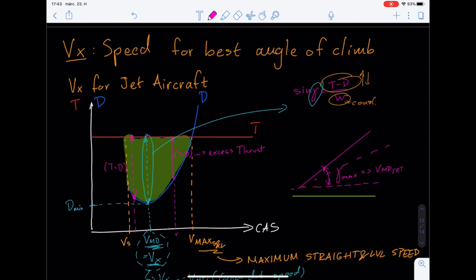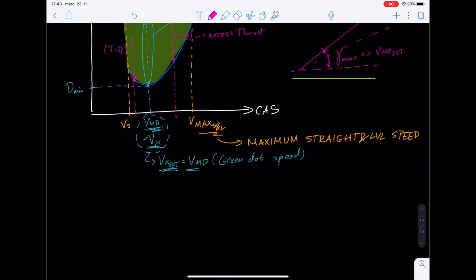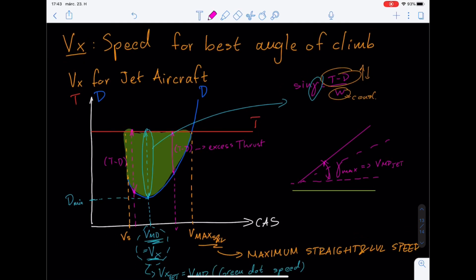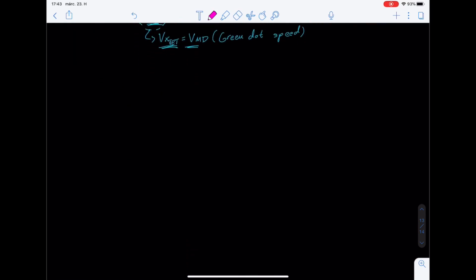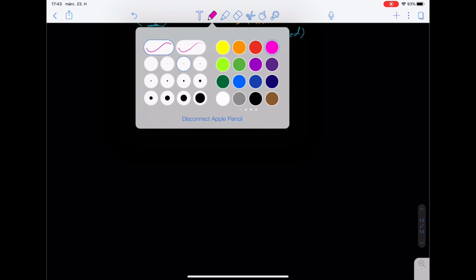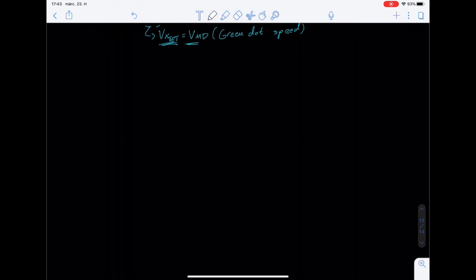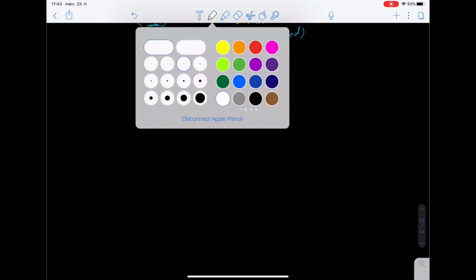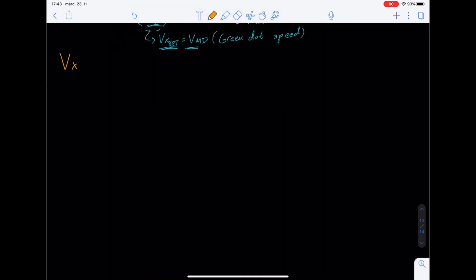Okay, so let's see what the case is for the propeller-driven aircraft. It's going to be a bit more difficult because it's not as exact as it is for the jet. Basically, let's plot the VX for the propeller-driven aircraft.